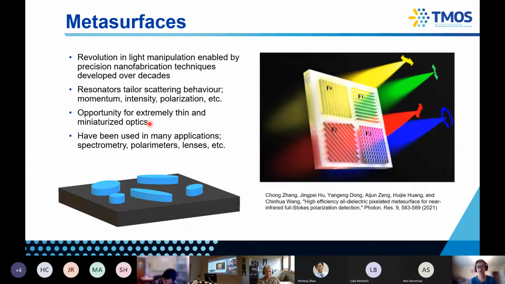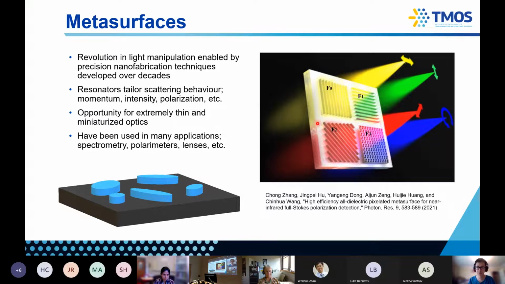So far, they've been used in many applications, such as spectrometry, polarimetry, and meta lenses. And because of these nanoresonators being sub-wavelength in size, the properties can be especially tailored for these applications that would not be present in bulk optical components, for example.